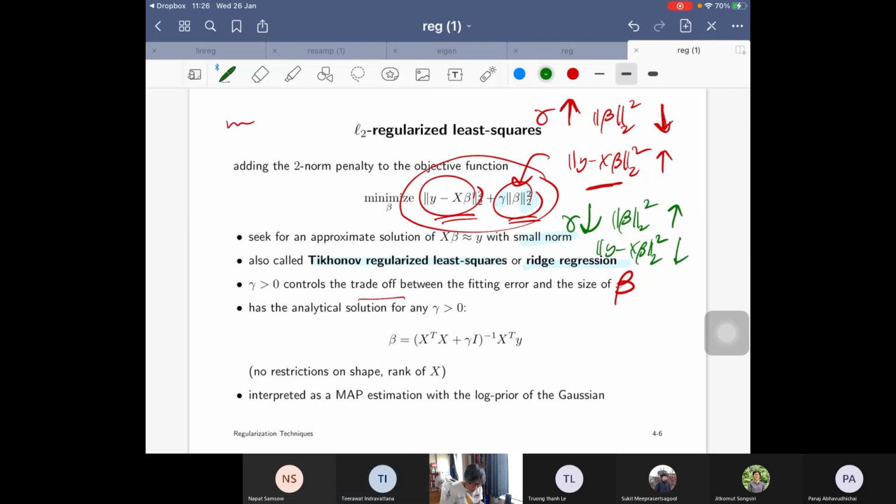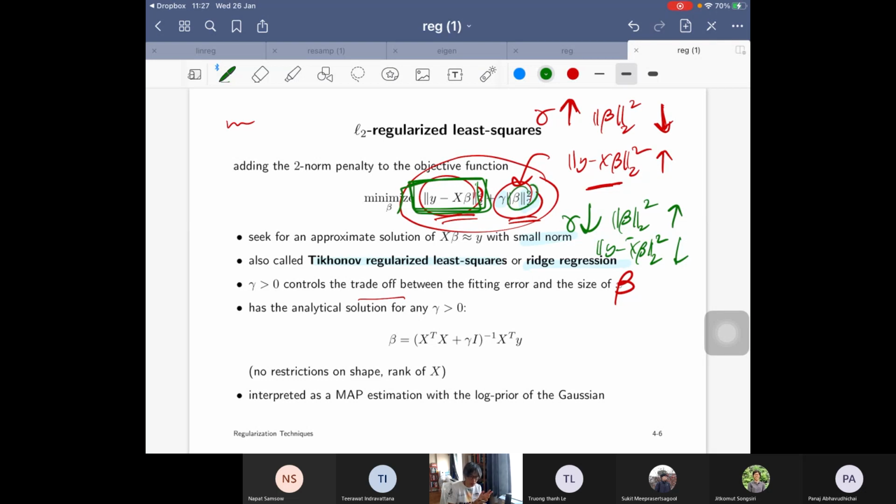So if gamma is less and less, of course, it means that more attention is paid to the model quality, the prediction error, and then you care less about the small norm of beta. So again, this is a trade-off between model quality and model complexity.